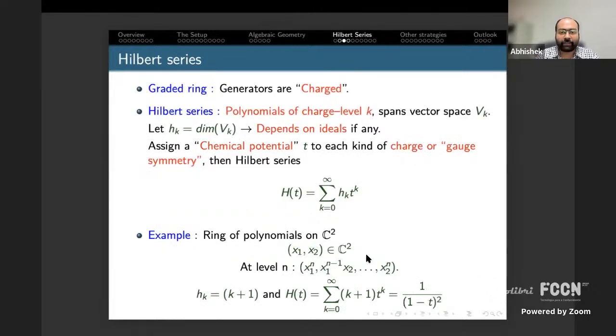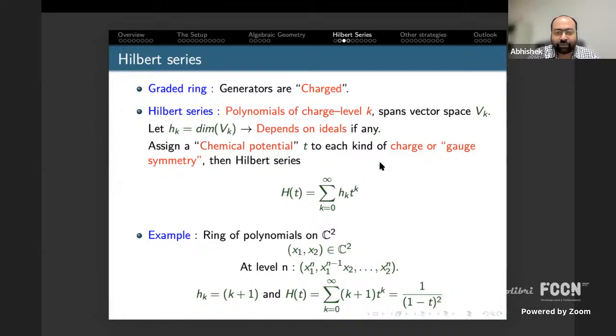So what is this Hilbert series? It is essentially nothing but a graded generating function for keeping track of some kind of grading. For example, the simplest grading that you can have is that suppose you have these coordinates x1, x2, x3, x4, etc. You can keep the degree as a grading. So for example, x1 has degree 1, x1 squared has degree 2.